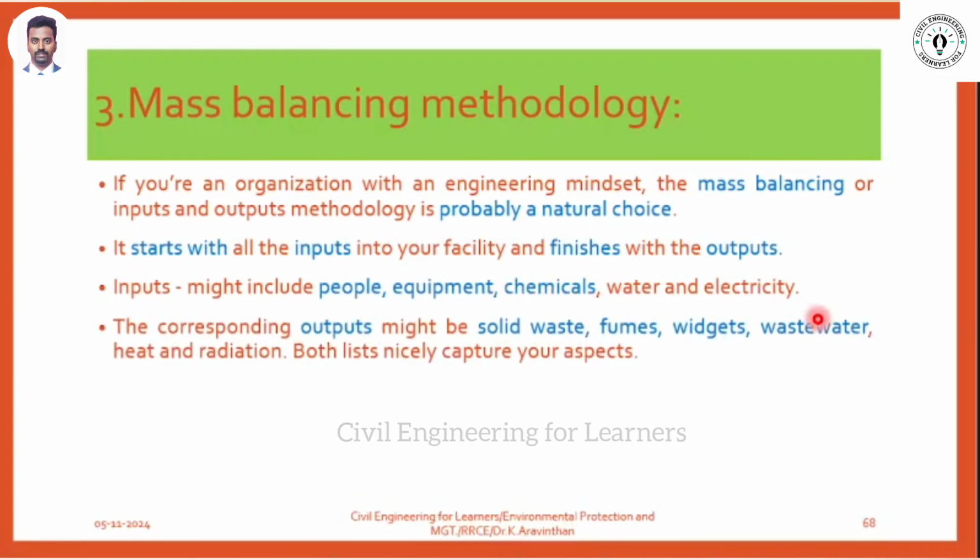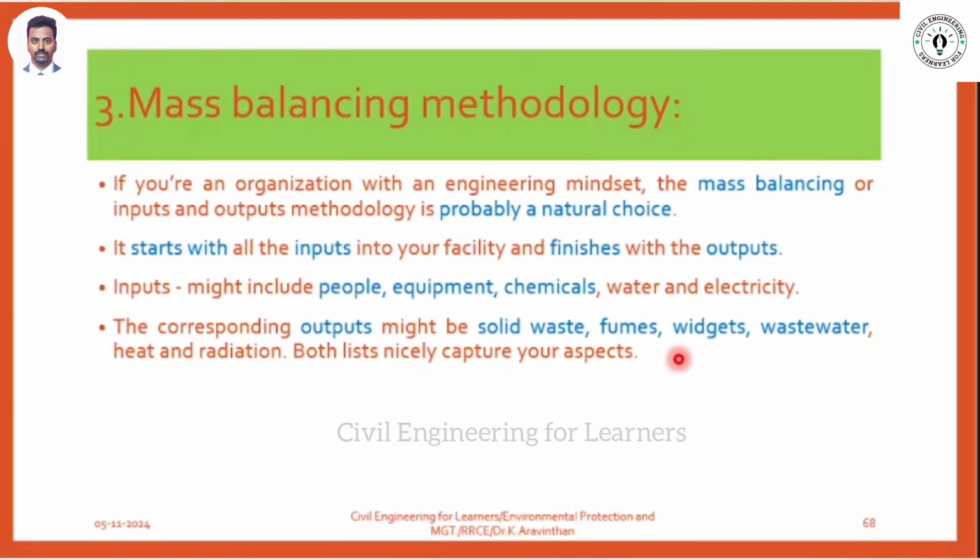What are all the outputs in an industry? Some people come, some equipment is there, chemicals are used. After that, what is the output from the industry? You get product, you get solid waste, fumes, widgets. What is a widget? A calculator is a widget. A clock is a widget. Now what is the similarity for this? Clock, calculator.